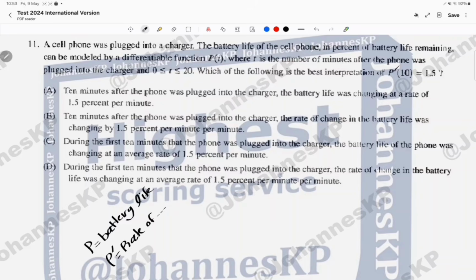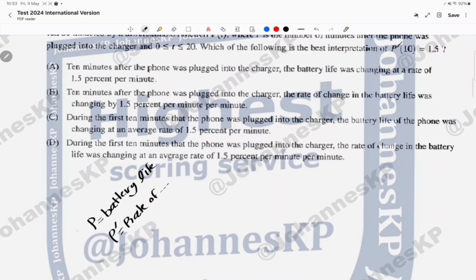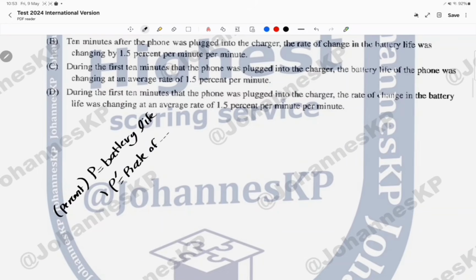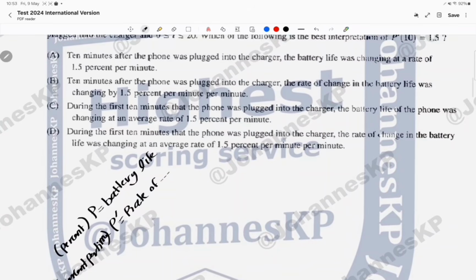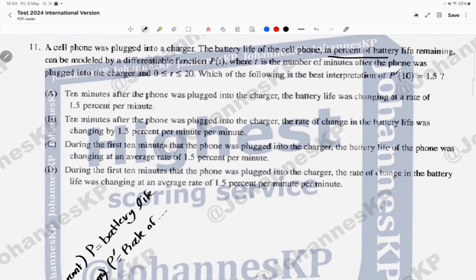And by the way, whatever the unit of battery life was, it was percent. So p prime has to be percent per time. So per one unit of time.